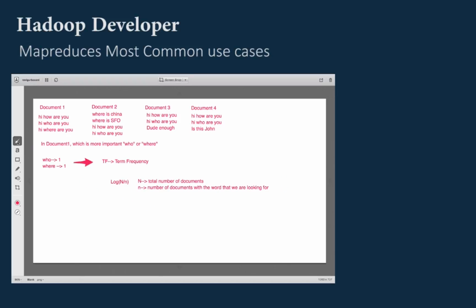So that means for who it will be log of 4 by 4. There are 4 documents and in all 4, who is there. And for where it will be log of 4 by 2. So now let's look at what is log 4 by 4 and log 4 by 2.